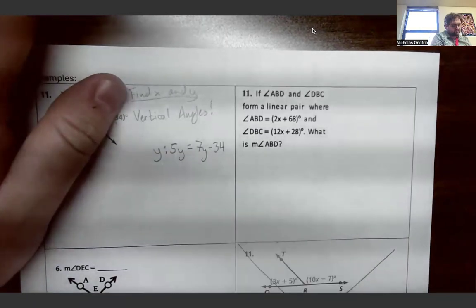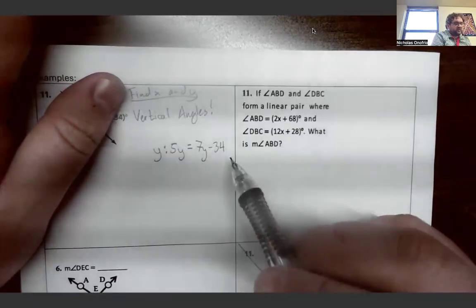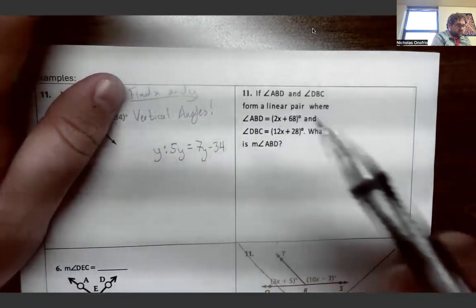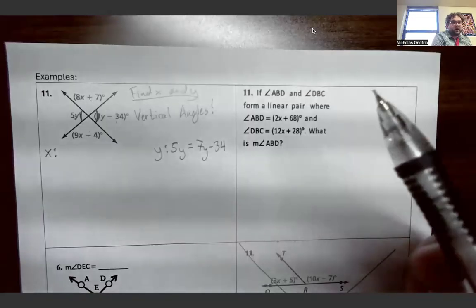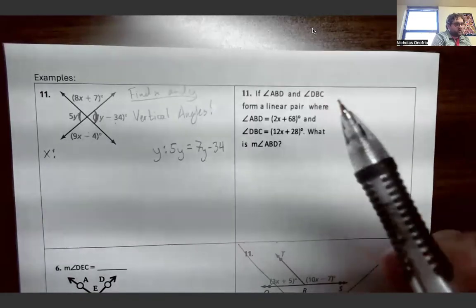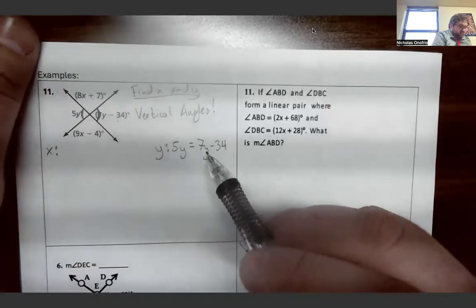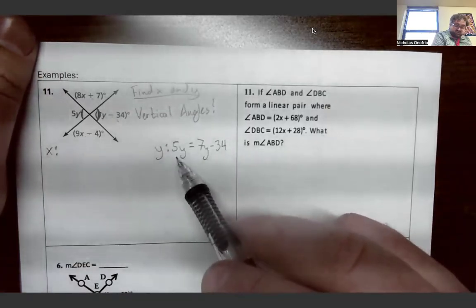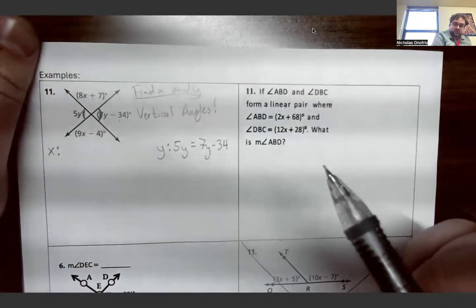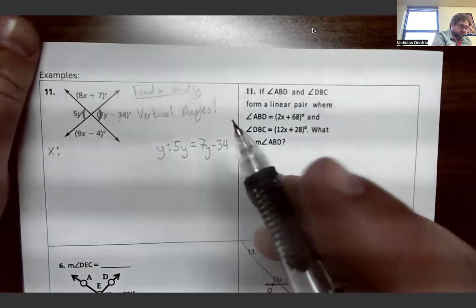I don't like having two y's, so I want to get rid of them. My general hint is if one y has more stuff, you get rid of the one with more stuff. So I see a 7y and a minus 34, and then just a 5y. I want to get rid of the 7y because there's other stuff with it.